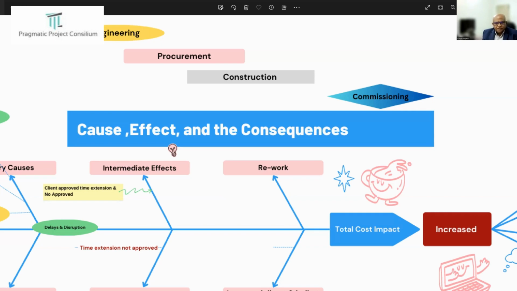Once we have submitted, we maybe cannot submit EOT 1, 2 again, so we have to be very careful in submitting exactly what the consequences are and therefore the effect we are going to claim. And also, assess the need for acceleration and mitigation of delays. These are all important things we have to consider while preparing this type of schedule assurance to support the cost and effect matrix.